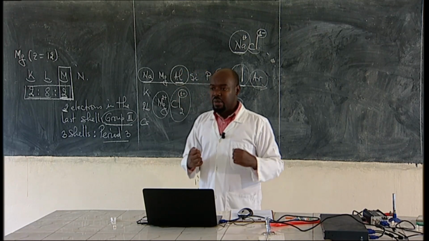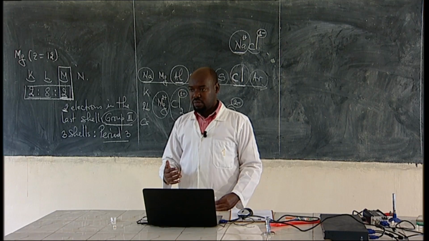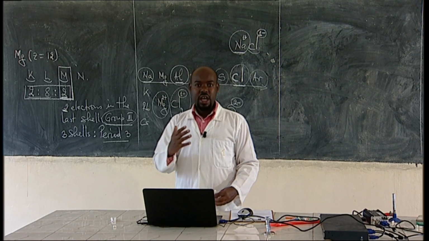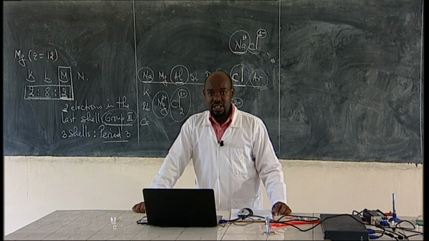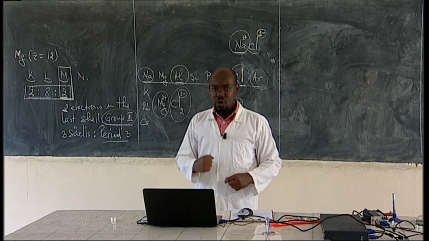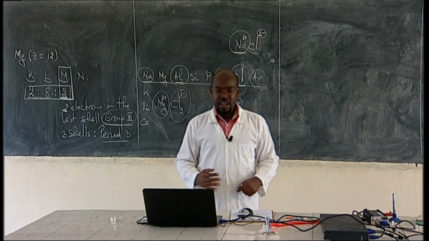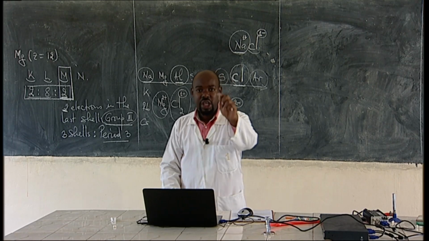Which of those elements will tend to lose the electrons more easily? The one which loses more easily is the one which is largest. If something is very far from you, it is very easy to take it from you.